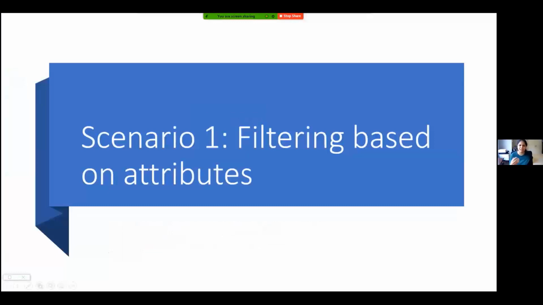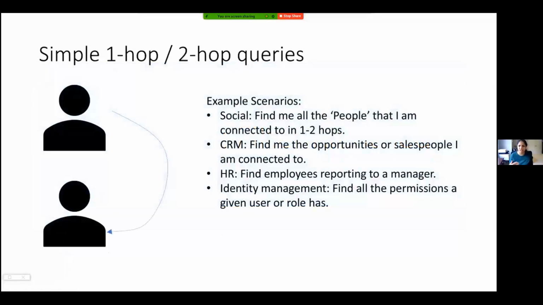Some example scenarios that I quickly noted down here: find me the people that I'm connected to in my graph, in a social network, which we just saw an example of. In a CRM type of database, find me all the opportunities or the accounts of the salespeople that I'm connected to directly. Or in an HR employee database, a query would be find all the employees reporting to a given manager.